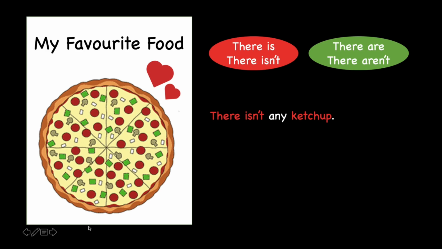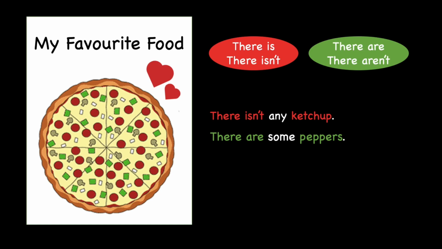For example, if you can see from my pizza, I have more than one sausage, pepper, onion, and also mushroom. So if I want to talk about them, I can write like this. There are some peppers. I'm talking about peppers here, and there is more than one. There are so many green peppers here, so I can use they are. There are some peppers.